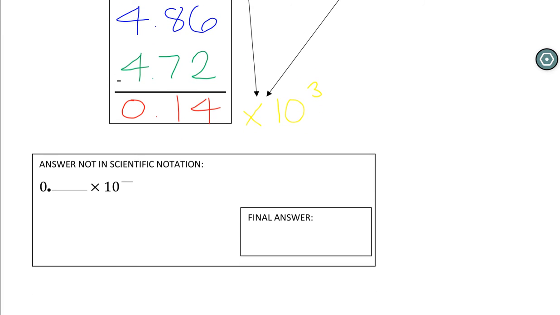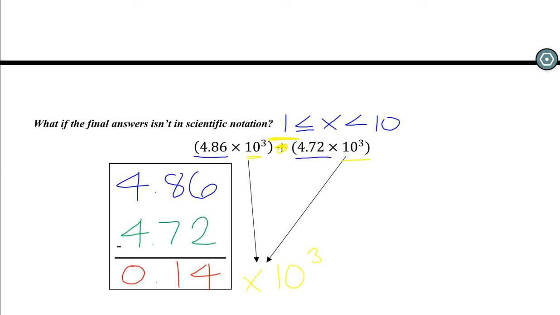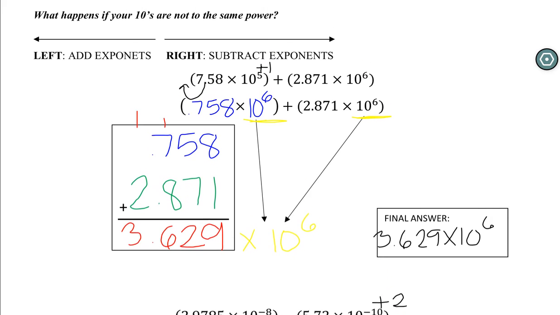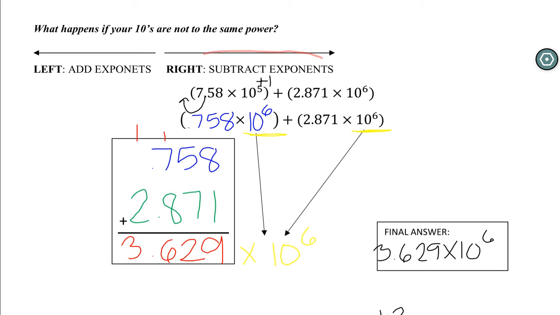So I'm going to recopy my answer down. So 0.14 times 10 to the power of 3. Now, I need to make this between 1 and 10, so I'm going to need to move my decimal over once to the right. Remember, moving it to the right means that we are going to subtract exponents.